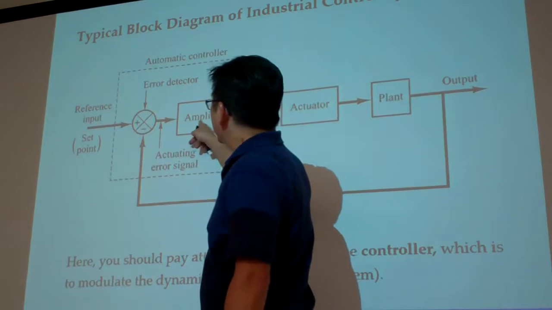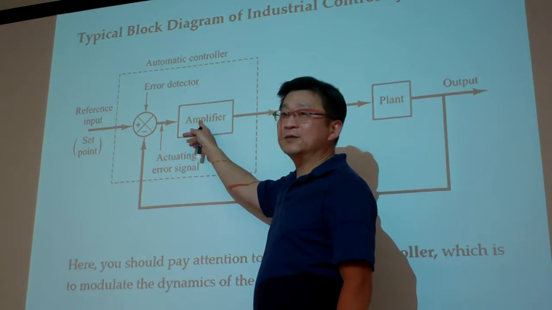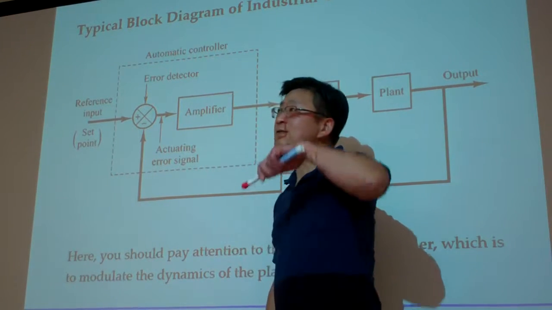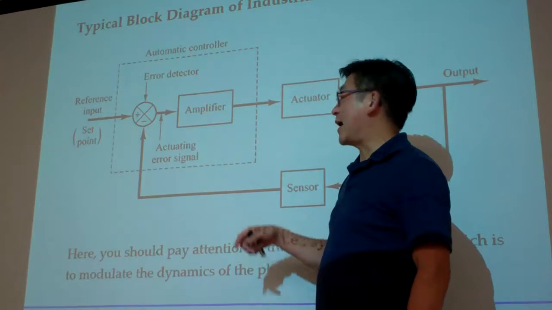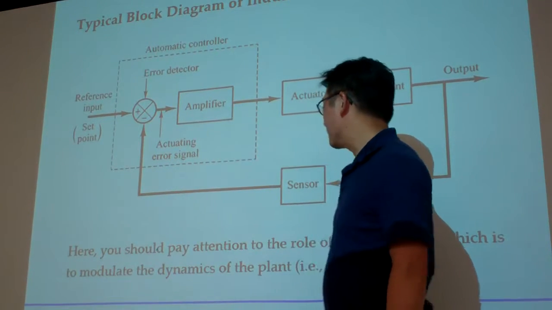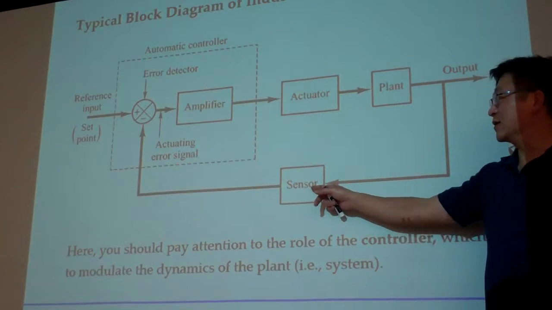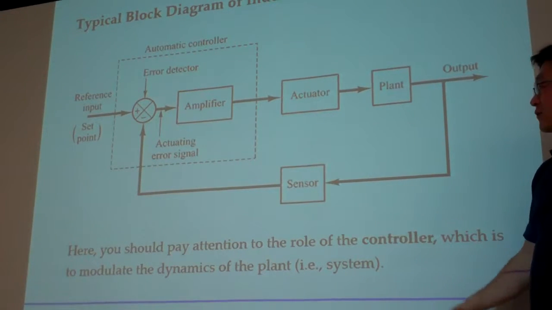Then the amplifier, say an op amp, the operational amplifier, or any PN junction, the diode, you can put here. For the sensors, usually it is a light sensor or whatever you put here.